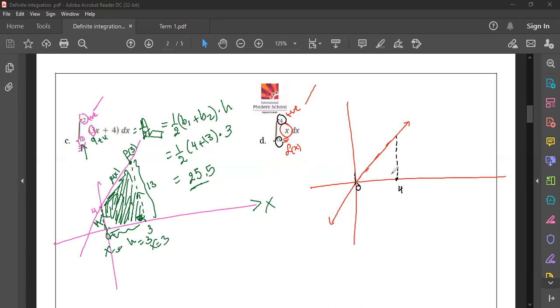So what is the shape of the region bounded by the curve of the function, the x-axis and the two vertical lines? Triangle. Okay, this is 4. And how do we get this one? This means f of 4. Understand? Just replace it with this. To find the area of a right-angled triangle, that is the base.